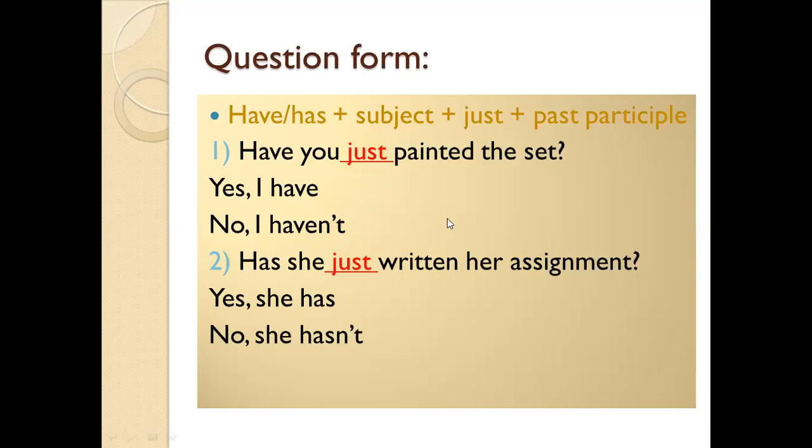No, I haven't. Example number 2, has she just written her assignment? The answers are yes, she has. No, she hasn't. So just is between the subject and the past participle in the question form.